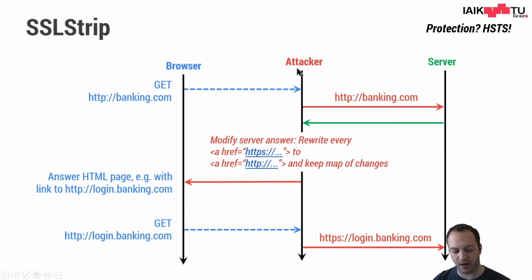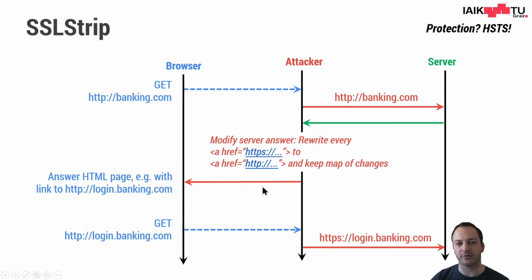So you might end up at something called httpbanking.com, and if an attacker is actually presenting itself as a man in the middle, that's how the attack is called, it might just play the proxy. So the attacker might just do the request himself, get a reply from the server, and strip any redirect to HTTPS. In the response it gets, rewrite any query to an HTTPS website to HTTP.